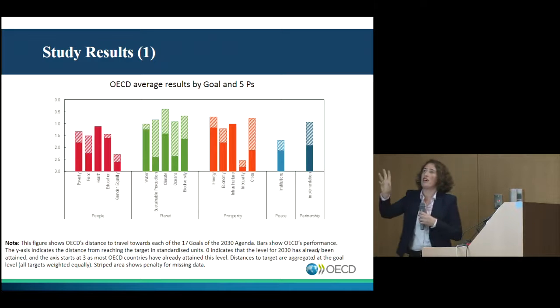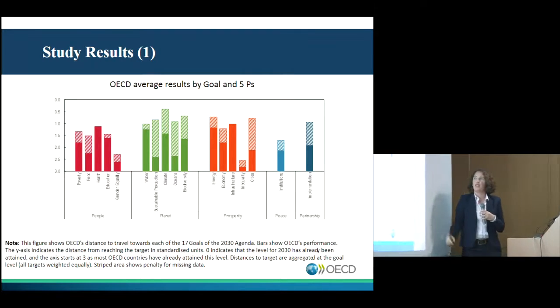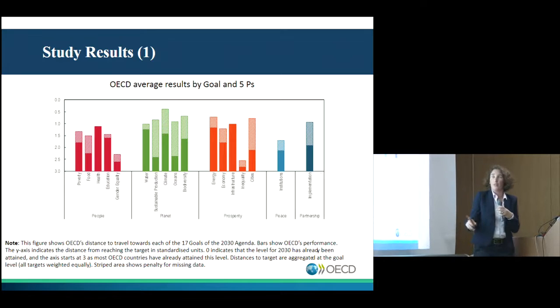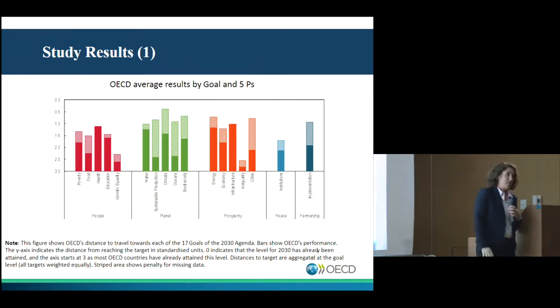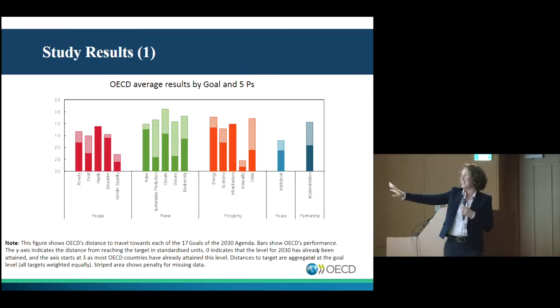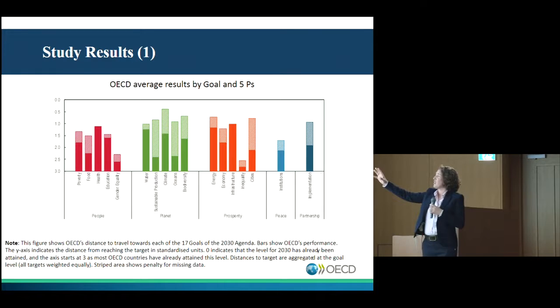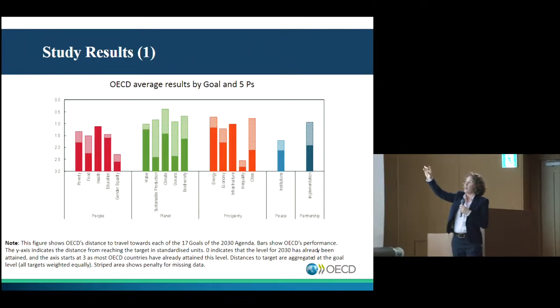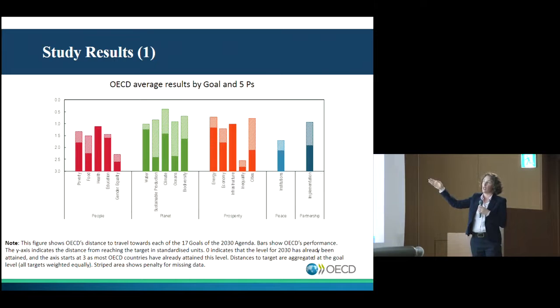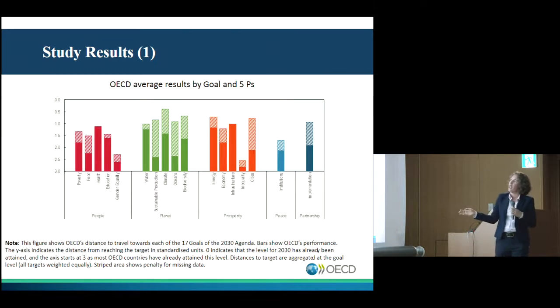This is the visualization of results, again extracted from the 2019 update. This isn't the final result, but it gives you a picture. So what we do is we look at the bars. This presents the performance at goal level for the OECD average, and the higher the bar is, the closer you are to achieving the target.